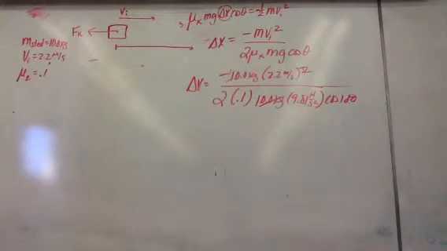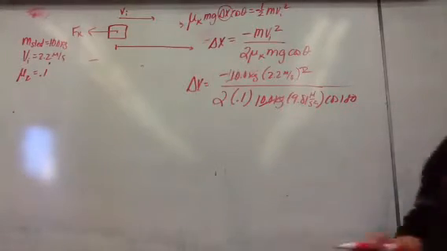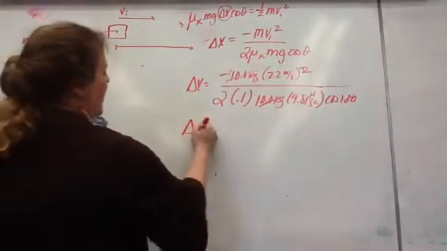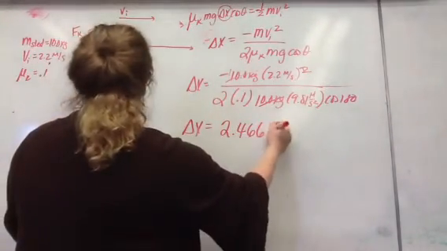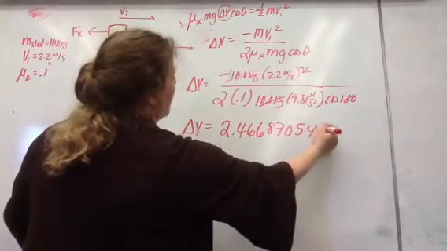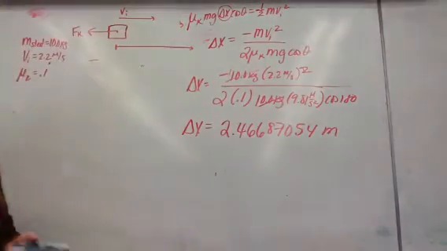What'd you get? We get a different number than the book because, of course, their sig figs and rounding are terrible, and I'm sure that they rounded numbers to put into that. So yeah, I get a delta x of 2.46687054 meters. Are those units correct?